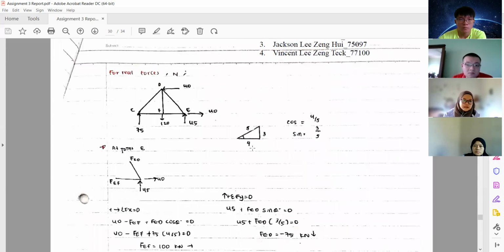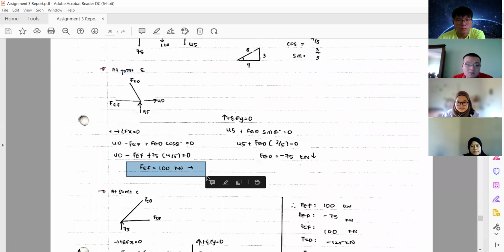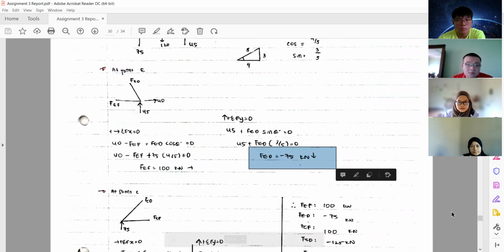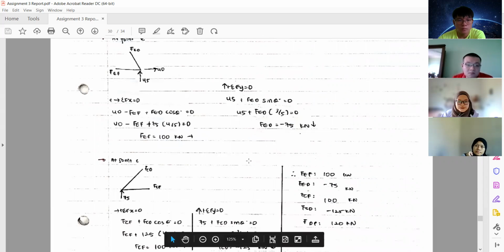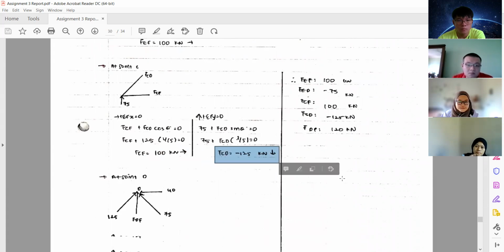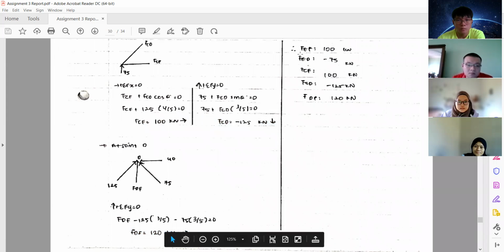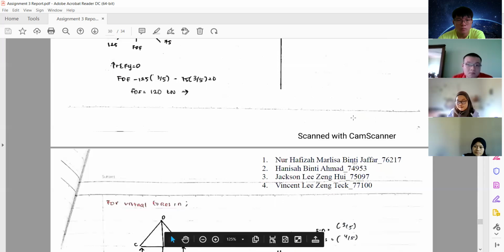So after that, I determine the real forces, and I get FEF as 100, FET negative 75, FCF 100, FCD negative 125, and FDF 120. That is for real forces.